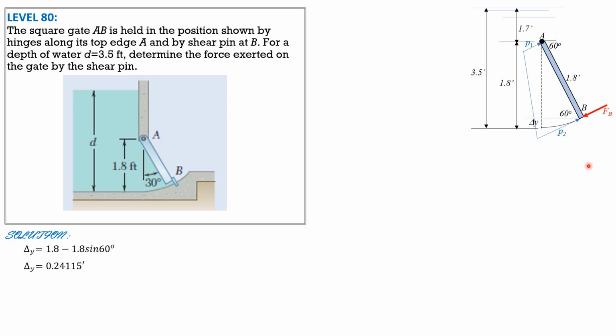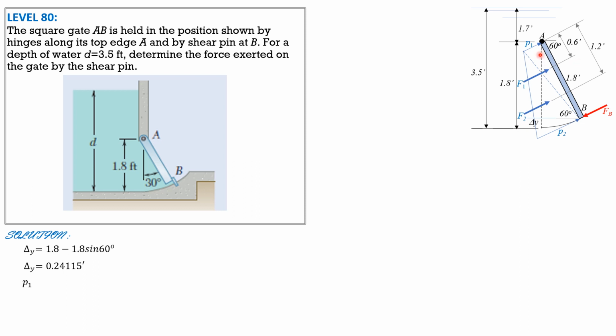So this is the pressure diagram. Let's divide that into two triangular diagrams, and let's call that equivalent force in this triangular pressure diagram, the smaller one, as F1, and its moment arm from A is 1/3 of 1.8, so 0.6 of a foot. Then we have F2, the distance is 2/3 of 1.8 or 1.2 feet as shown in the figure.